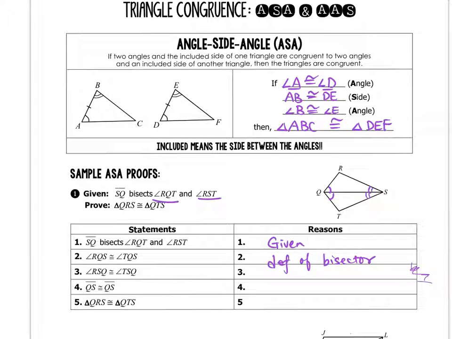And then it further states that it bisects RST, so that makes us draw the conclusion that angles RSQ and TSQ are congruent also by definition of bisector. And we know that QS is congruent to QS, and that's my mirror property. I call it mirror property. It's the reflexive property. And now I have ASA to prove the two triangles are congruent.